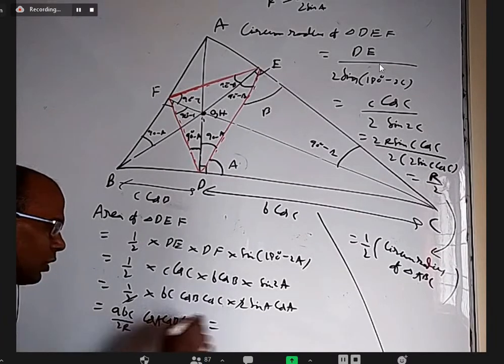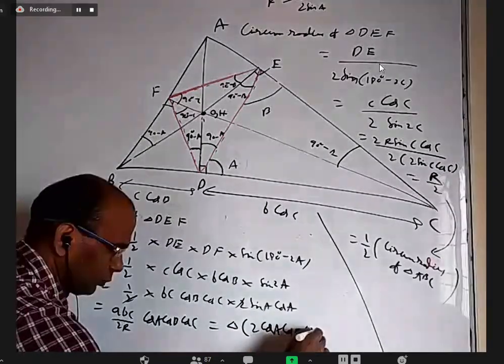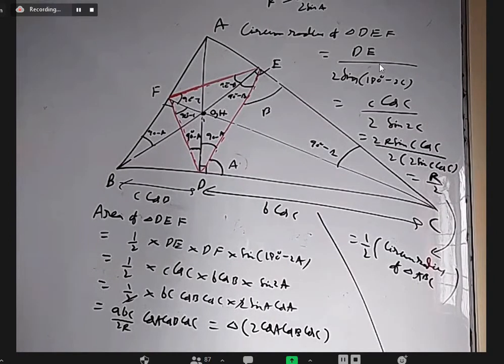So it will be delta into 2 cos A cos B cos C. Okay, that's it. I think we got everything, all details about the pedal triangle.